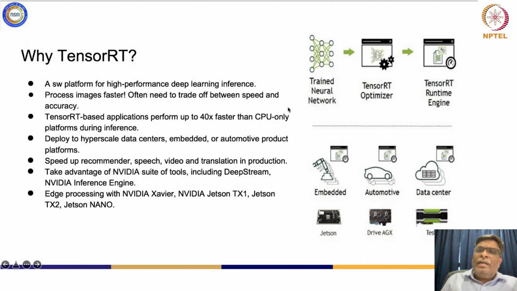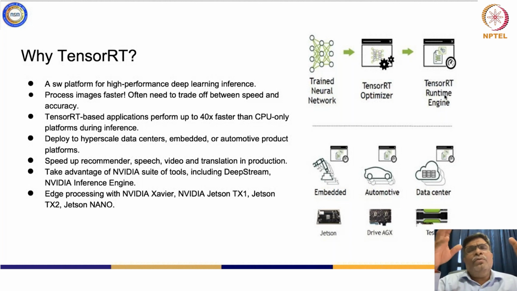You get a trained neural network, you optimize it using the TensorRT optimizer, and then you use a TensorRT runtime engine to run it, right? It processes images faster. That's what will happen, right?